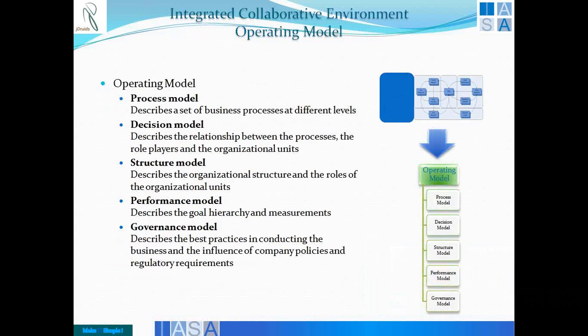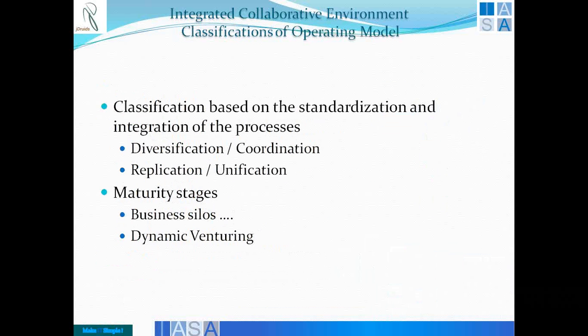Now, these are different structure models, and a performance model can vary as well in terms of measuring each of its performance. The kind of measurements that you put in geographies are different. The kind of measurements that you put for product selling is different. So one should be aware of the business to actually create an operating model and then ensure that everything is done. So that's how the business model becomes an operating model.